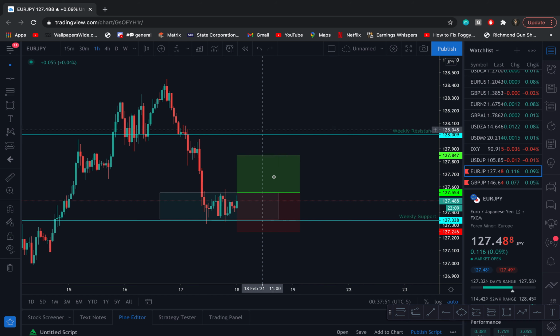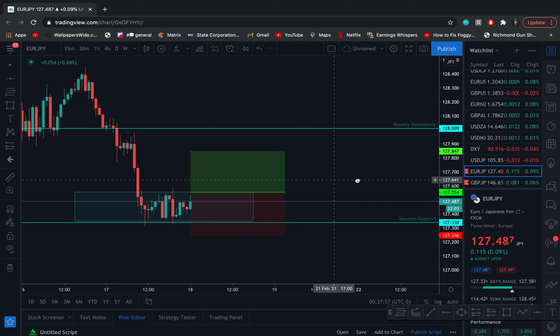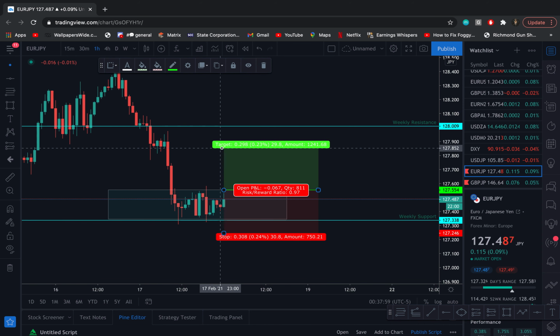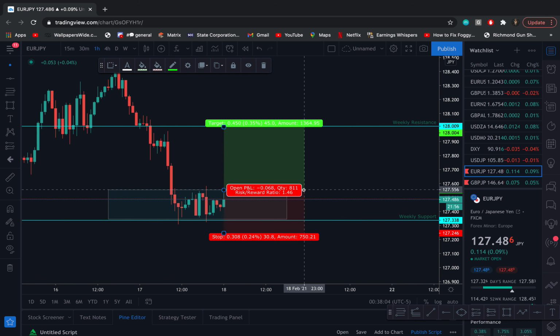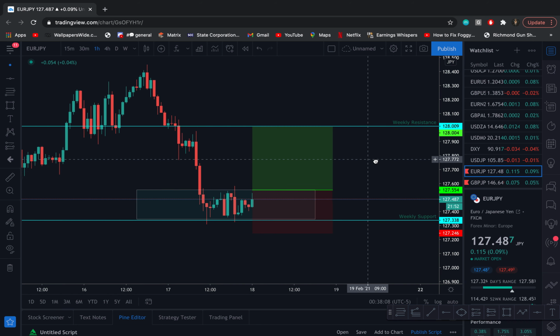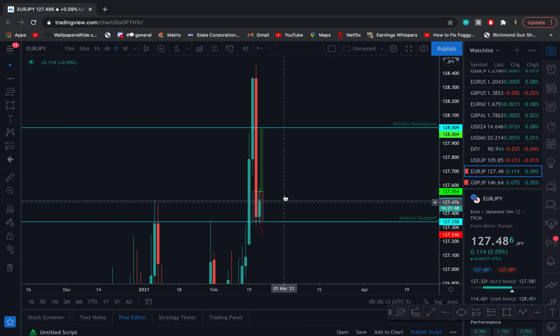So in this case, breaking this range, I will probably have buy stops, and maybe target these areas of resistance, even this weekly resistance. That would be a 30 pip loss, 45 pip gain. And overall, if I'm liking it, I'll even swing it back to the top side.